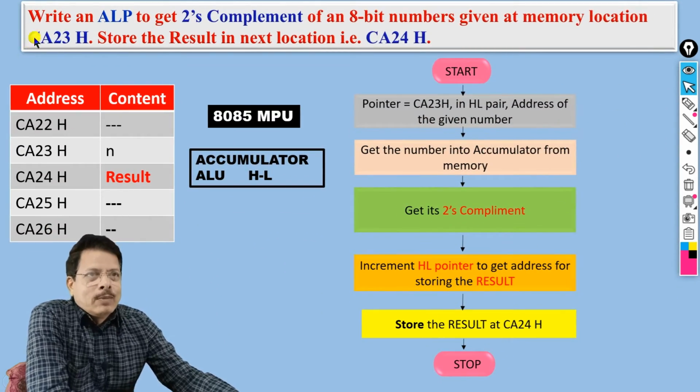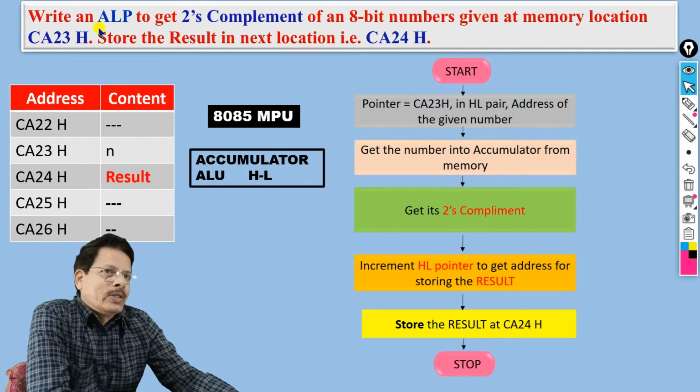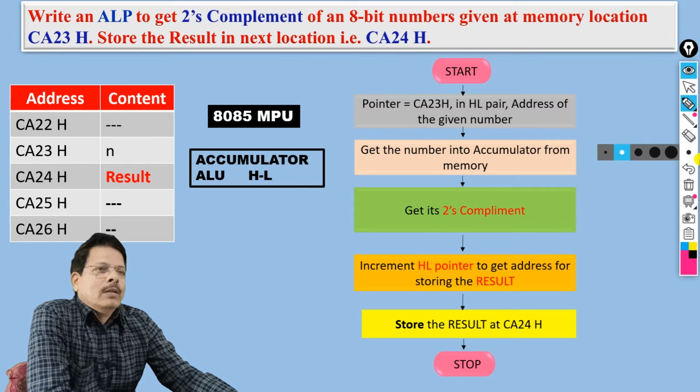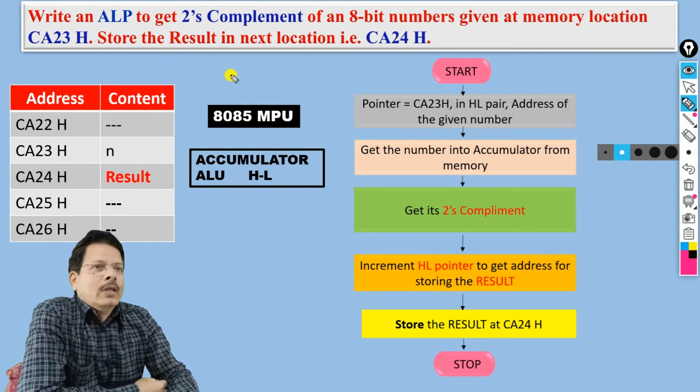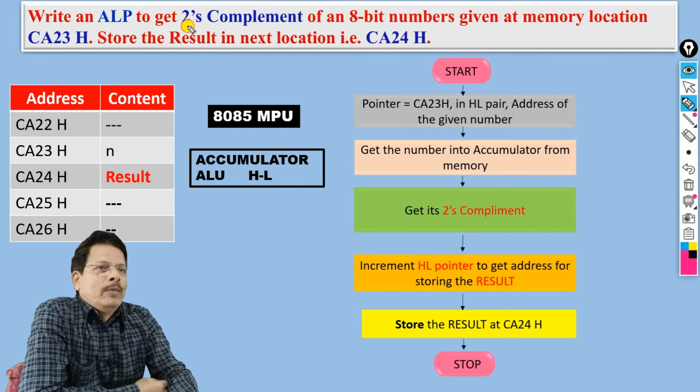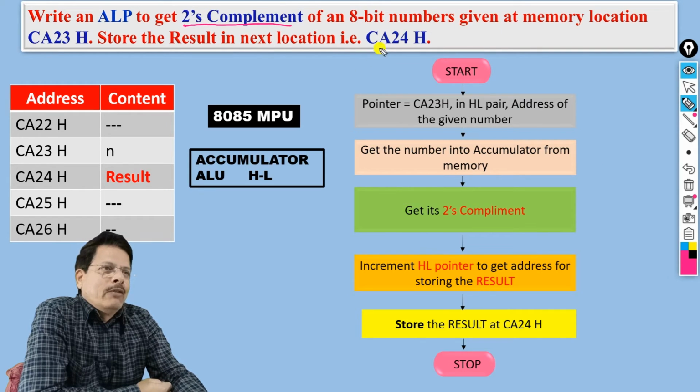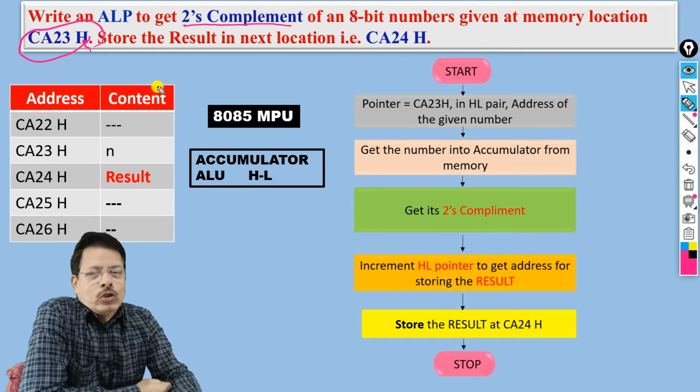Suppose there is another problem assignment like this: write an assembly language program to get the 2's complement of an 8-bit number. In the problem you are asked for the 2's complement of an 8-bit number given at a memory location. Now I have taken a different address, CA23.